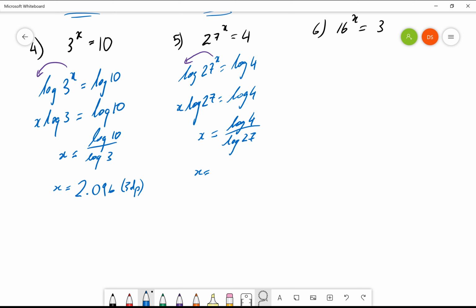Use brackets, guys, otherwise bad things happen to good people, and I don't want that happening to you, especially when I can't come and check your calculator because we're all in quarantine. And this is 3dp.